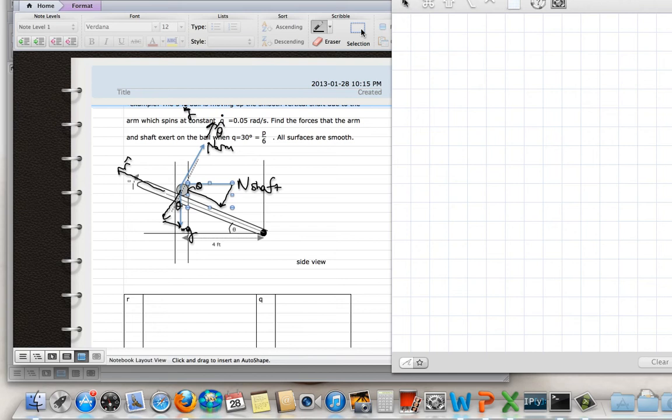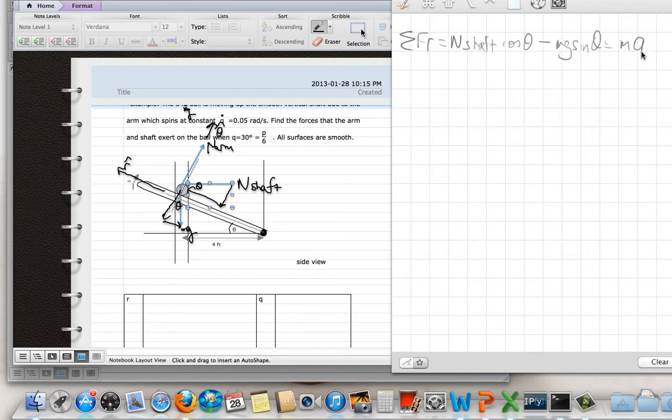The sum of the forces in the radial direction. So we've got outwards normal shaft cos theta. Then we've got inwards mg sine theta.